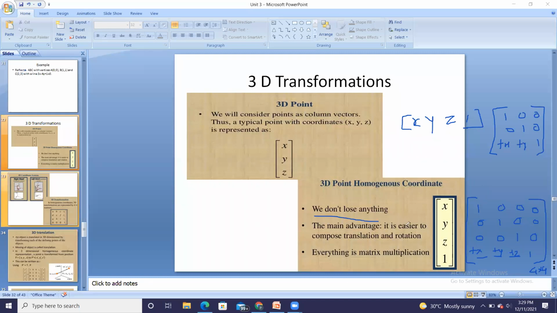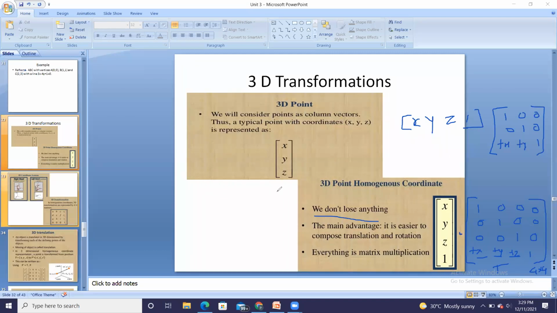So now it is just a comparison with 2D to get the 3-dimensional transformation matrices. This is your translation matrix for 3D. Everything is matrix multiplication. Why do we need this? Because instead of addition, we want to go for matrix multiplication, and that's why we write the 3 by 3 matrix as 4 by 4 in the homogeneous coordinate system.